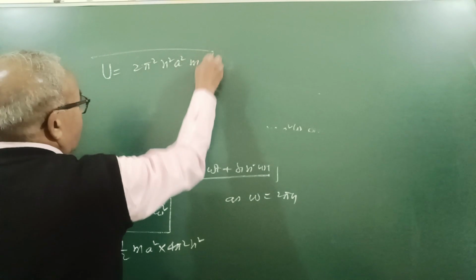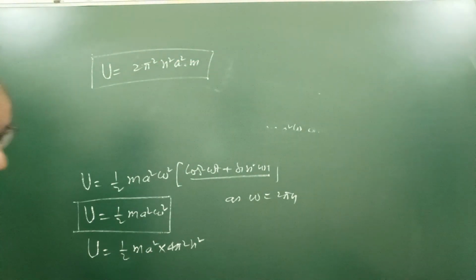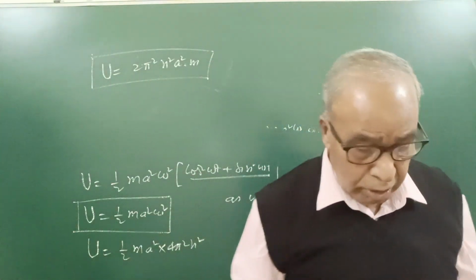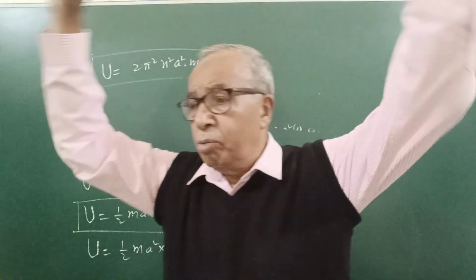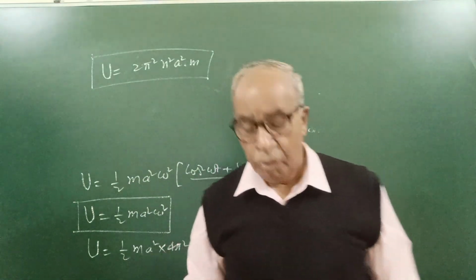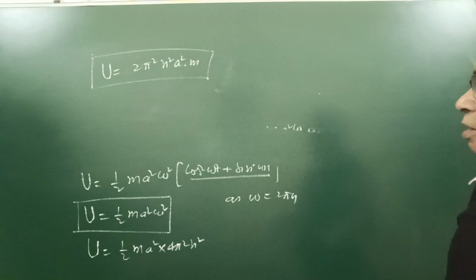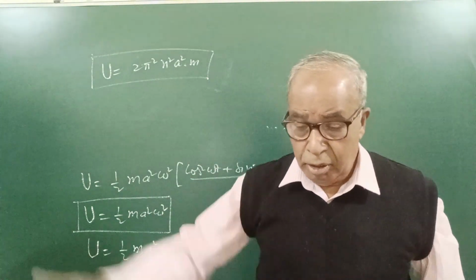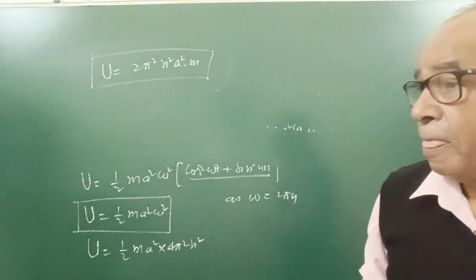There is a reason to write it like this. m is the mass of the oscillating body. The mass may be a particle, or the mass of a material of a certain volume. We can take that as the energy of the oscillator. The larger the amplitude of oscillation, the energy increases as a square.